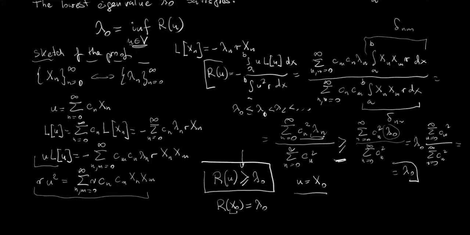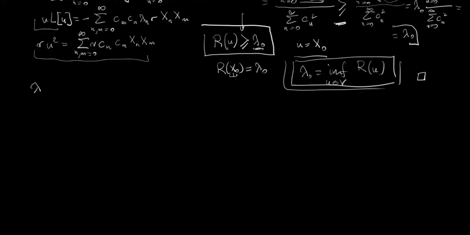Therefore lambda_0, which is always smaller than or equal to R of u, is achieved as the smallest value of R of u when u runs through all functions from our vector space V. This happens for u equal to x_0. In other words, lambda_0 is an infimum over all u's from V of this R of u.